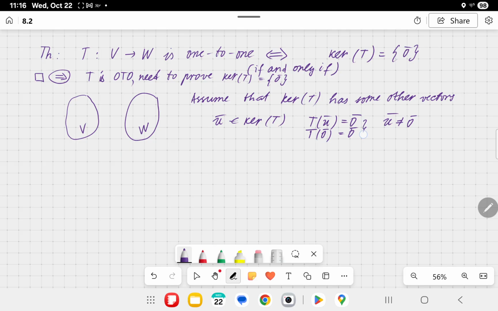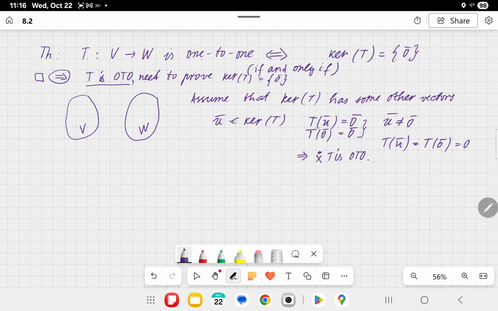But they go into the same vector 0. So the transformation of U is equal to the transformation of 0, which equals 0, which contradicts the idea that T is 1 to 1, because if vectors are not equal, their transformations must not be equal. Contradiction to the idea that T is 1 to 1.